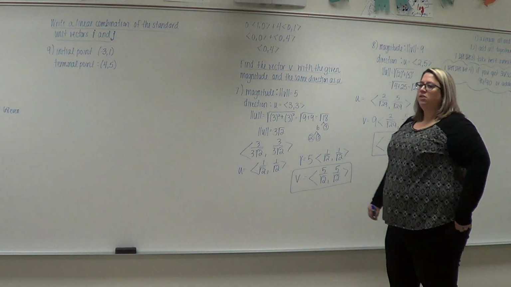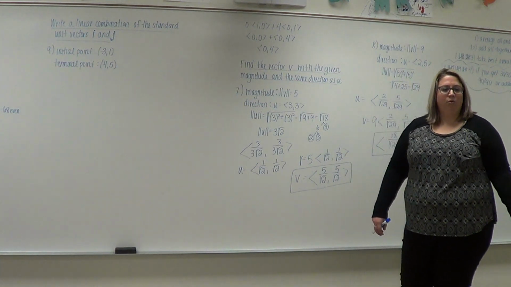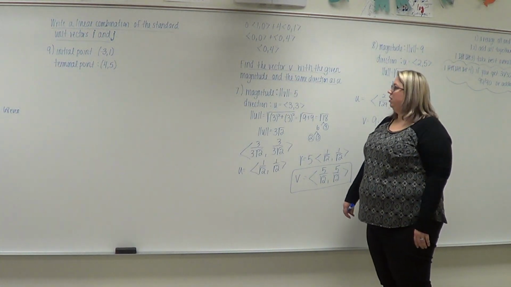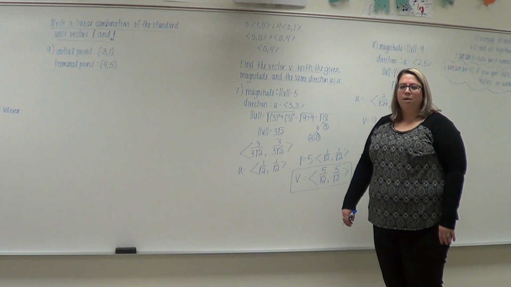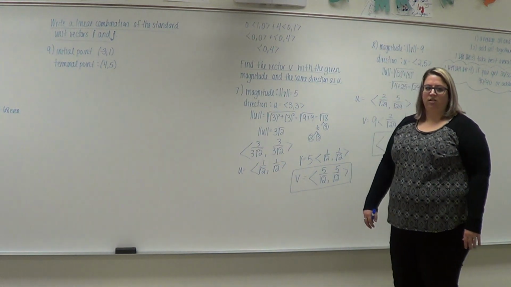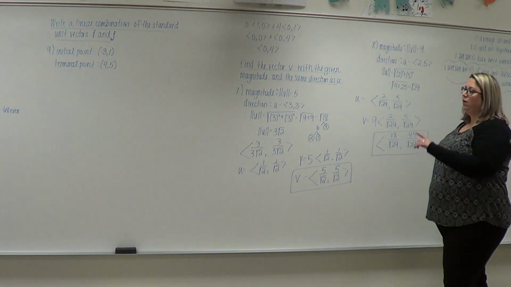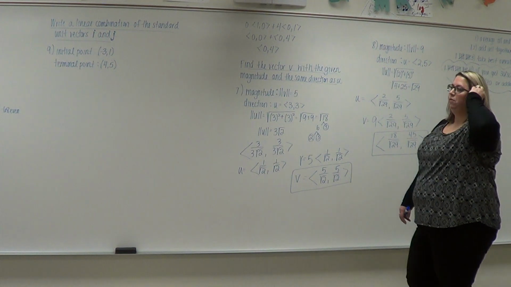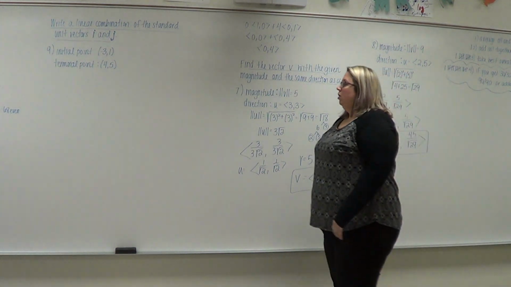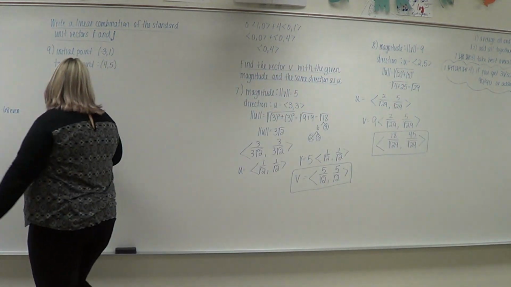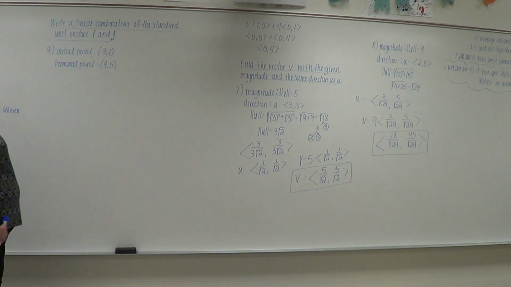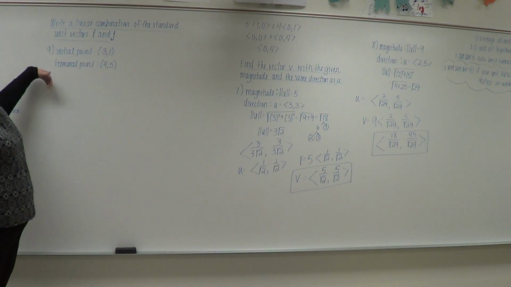Okay, so this is essentially like you're finding the component form, like what we did on the first couple of examples, but we're leaving everything as the i's and j's. Okay, so if I want to write this as a vector, how would I do that? Do I take initial minus terminal or terminal minus initial?